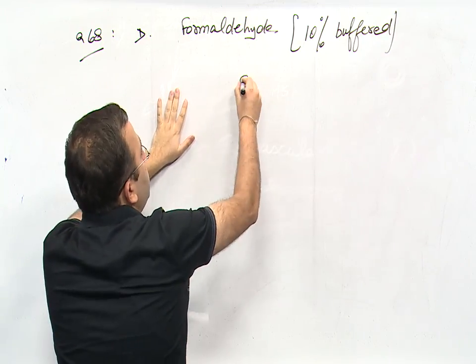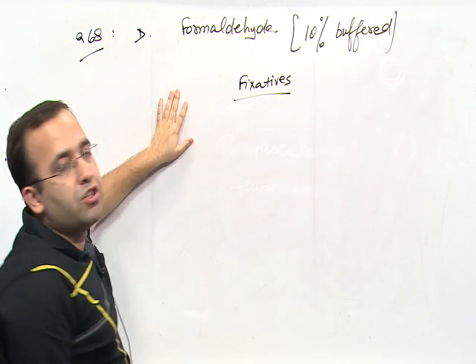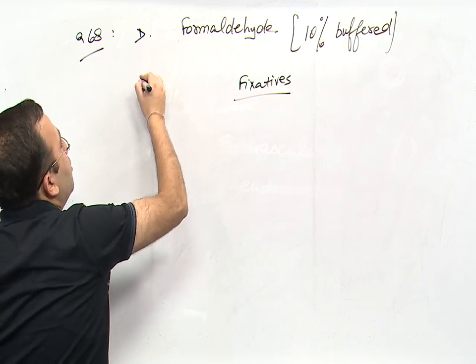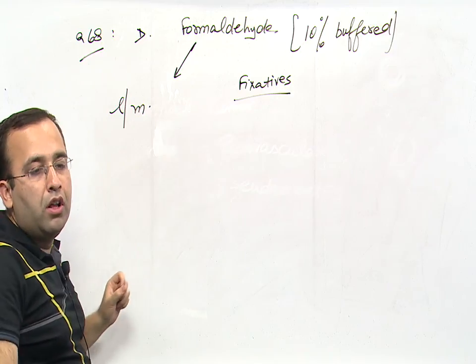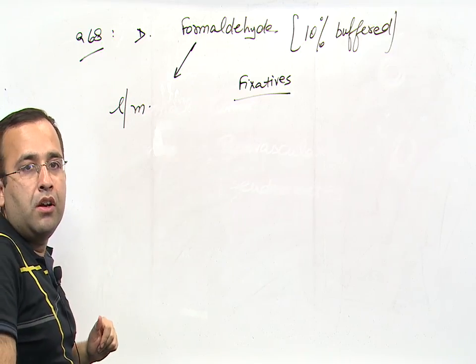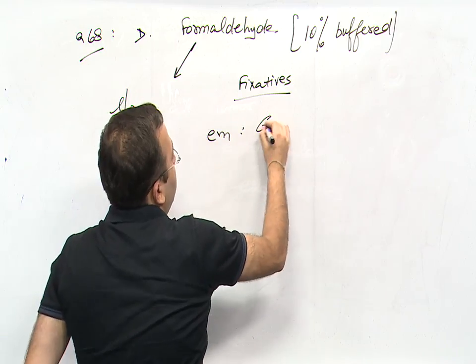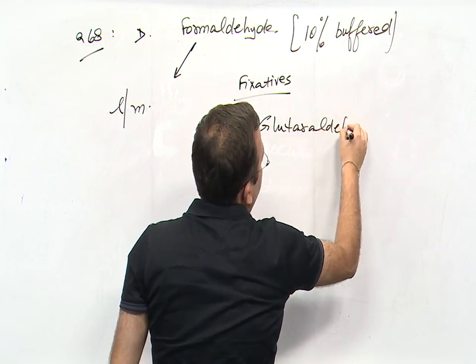So let us see a list of other fixatives which are used in pathology. You very well know formaldehyde, most common. This is used for light microscopy, whereas for electron microscopy, the fixative that is used is glutaraldehyde.